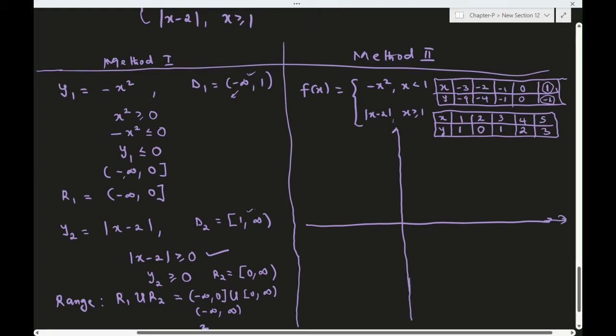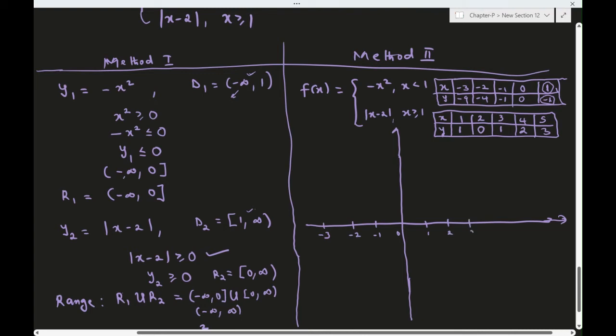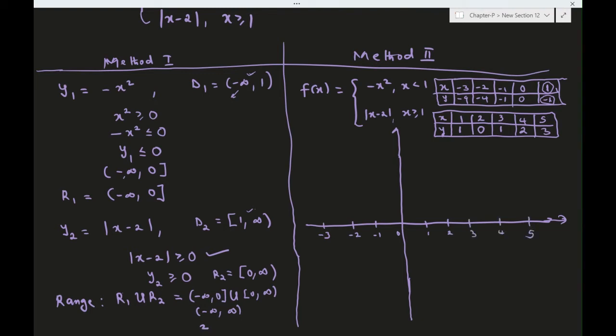Okay. Now on the x-axis, you can see that the most negative we have here is minus 3. So we can decide to start from minus 3. That's fine. And let's say minus 2, minus 1, 0, and we can have 1, 2, 3, 4, 5. But if you look at the y values we have, the smallest y value is, I think, minus 9, right?